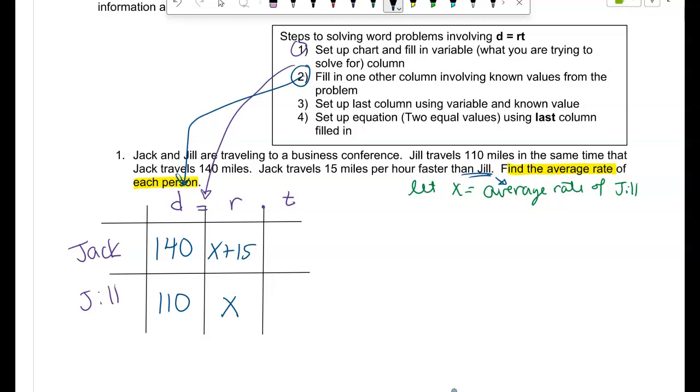So now we just literally threw that in. What's my missing column right now? Time. Okay. What's the time for Jack? Because we know time equals distance divided by rate. So what's going to be Jack's time?